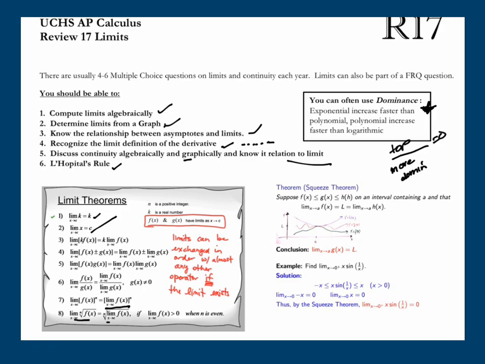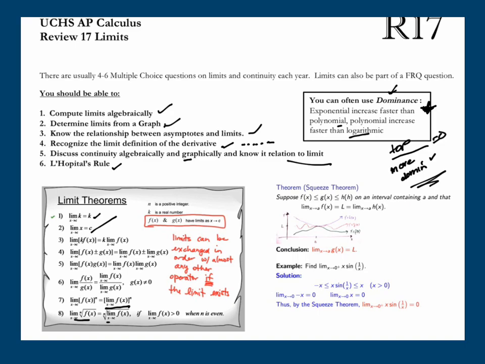That means exponential functions are the fastest, the most dominant. Then come polynomials, and then logarithmic functions are the least dominant. So sometimes all you have to do is look at one kind of function on the top and another kind on the bottom, and you can figure it out pretty fast using dominance.